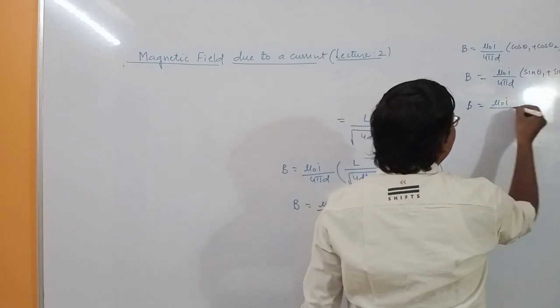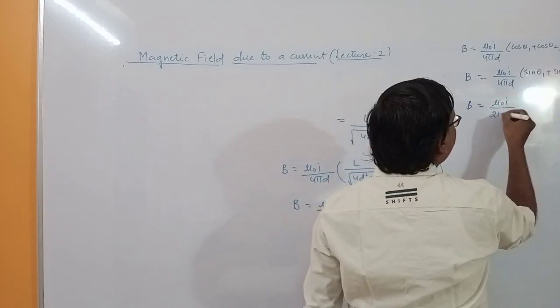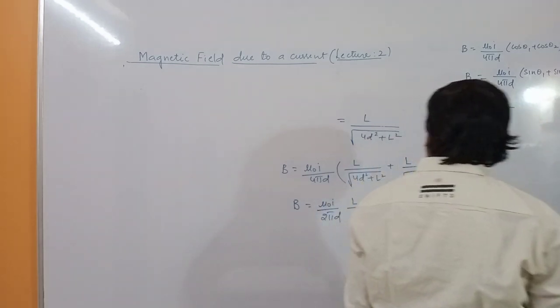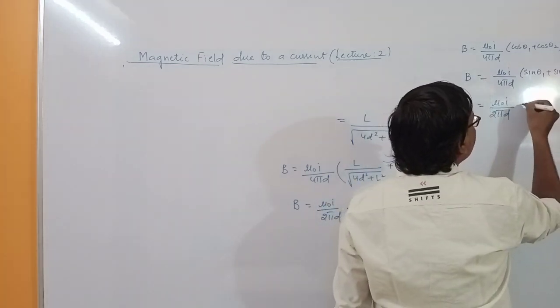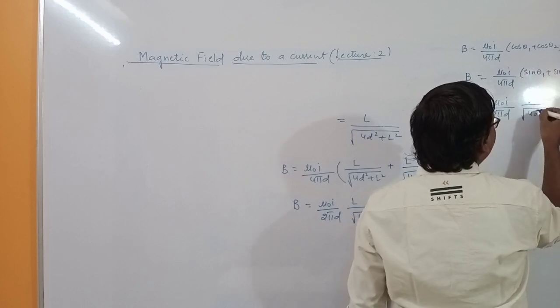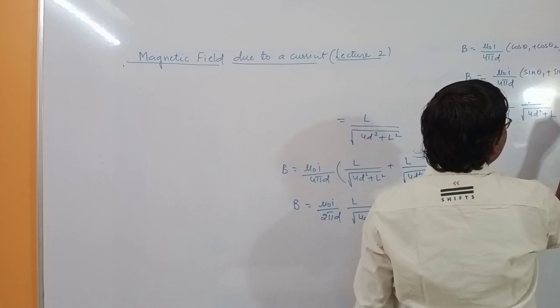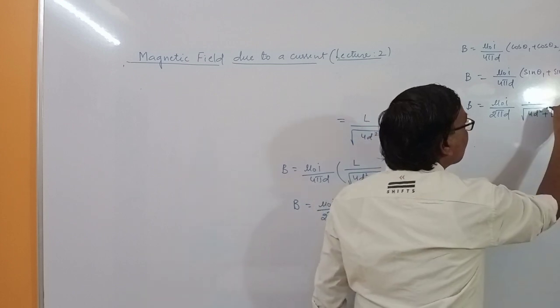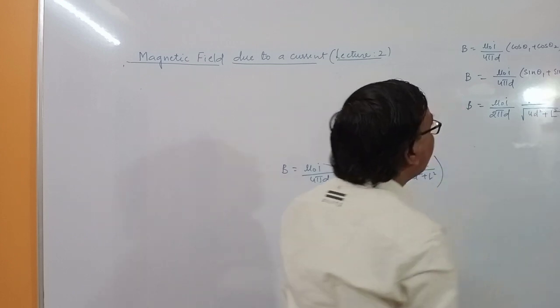So I am writing this formula here, 2 pi d. It is very difficult to remember all the formulas, so it is better to stick to one formula, 4d square plus L square, 4d square plus L square.